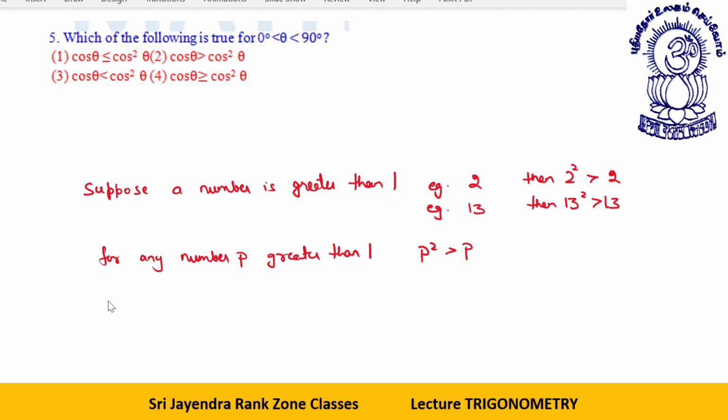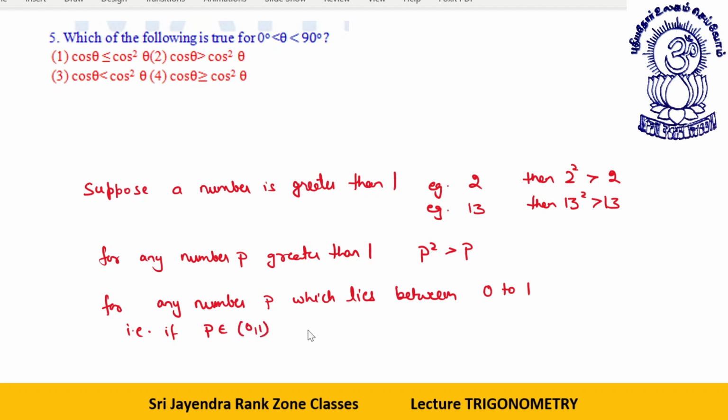For any number p which lies between 0 to 1, that is, if p belongs to the set 0 to 1, what happens, my dear students? p square is less than p.